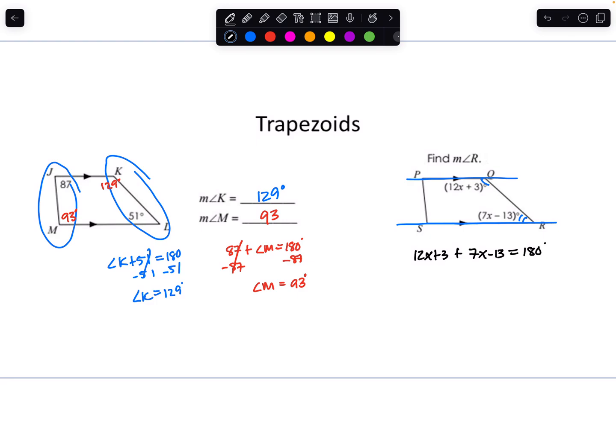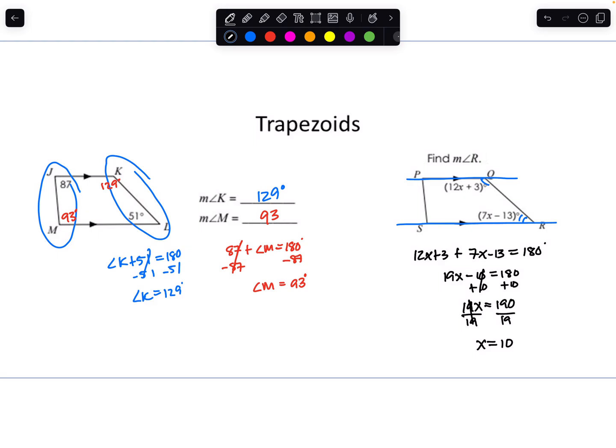And now I can isolate the variable. 12 plus 7, when I combine like terms, will give me 19x. 3 minus 13 will give me negative 10. And that equals 180 degrees. As I isolate for the variable, I get 19x equals 190. When I divide both sides by 19, I see that x equals 10.